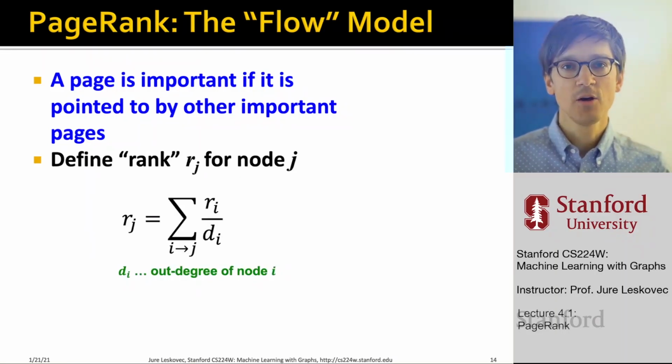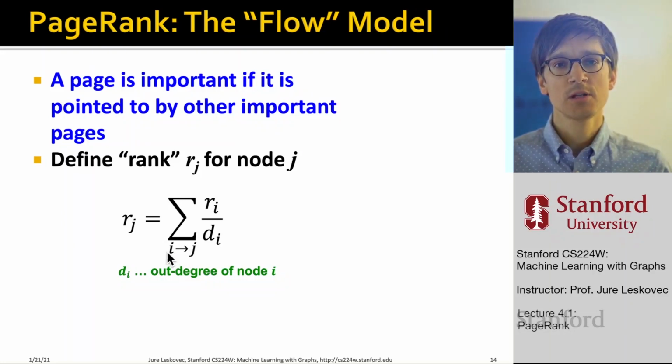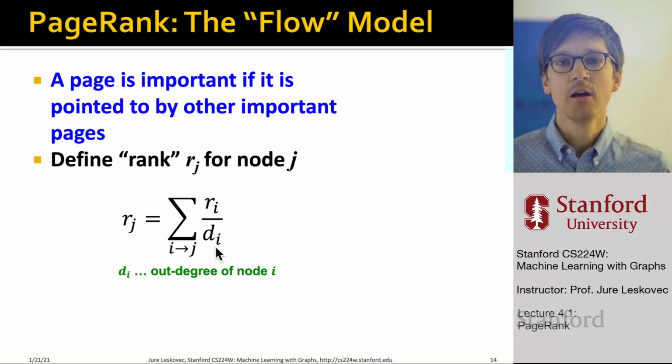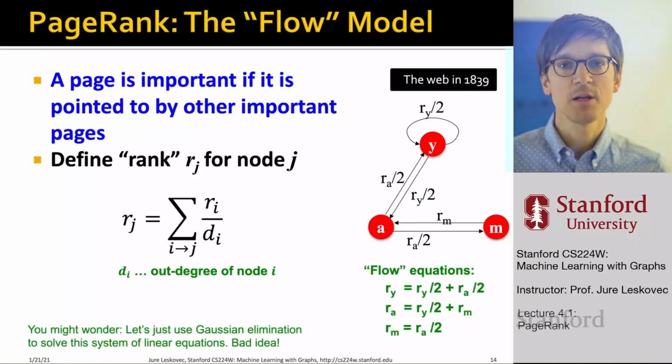And we can define the rank r_j of node j simply as a summation over the nodes i that point to j, of the importance of each node i divided by its out-degree d_i.